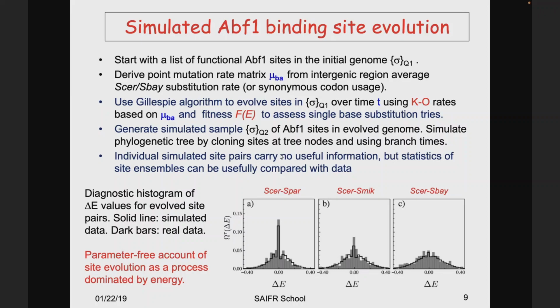I've explained what I saw when I looked at this star. I lied a tiny bit, in the sense that of all the sites, I had to start somewhere, with a collection of sites, and then evolve them forward in time. I was careful to pick out those sites, let's suppose there are 450 binding sites that you can identify.